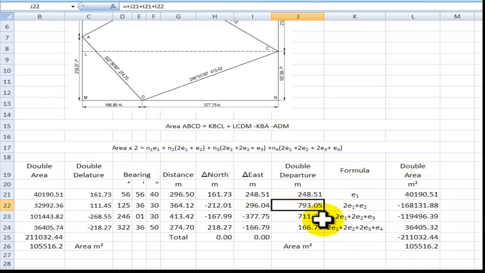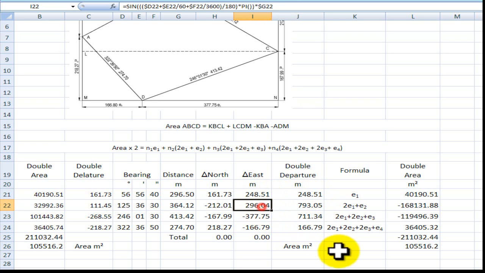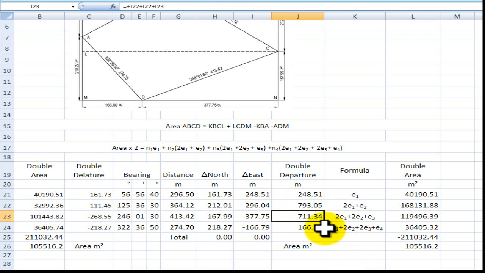Now for this next one, we add above, we add that, and then we add that again plus one of those. So going back here, it's one of those, one of those, one of those. Put that in here, and then we move down to the next one, and again it's one of those plus one of those plus one of those goes in there.